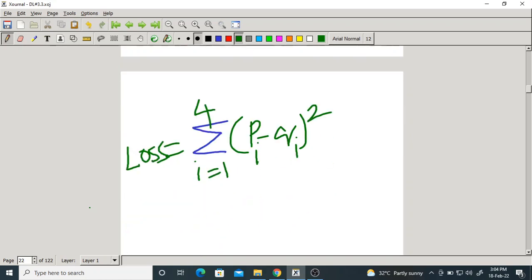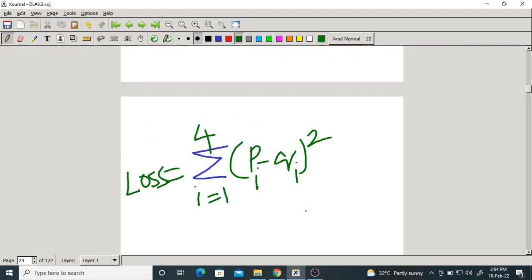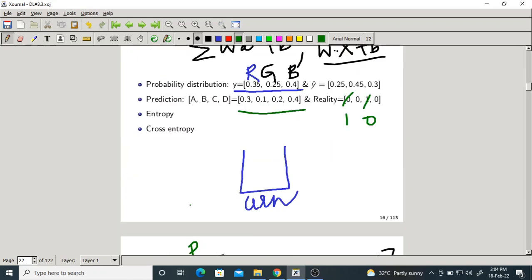Now the question is, again we can use the squared error loss to capture the deviation. Can you think of any better function in case of probabilities? Instead of going for the squared loss, can we have any better function which can represent the deviation of the probability distributions? Please remember, here the problem comes to probability distributions.